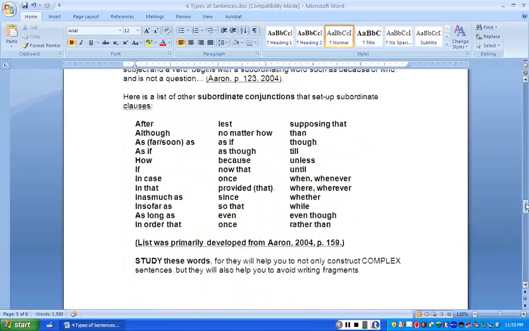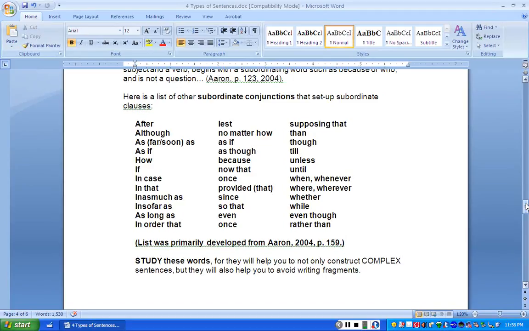When we're crafting or trying to write complex sentences, we use what we call subordinating conjunctions. That means that there are certain words in the English language that automatically, when we use them, create a dependent, right?